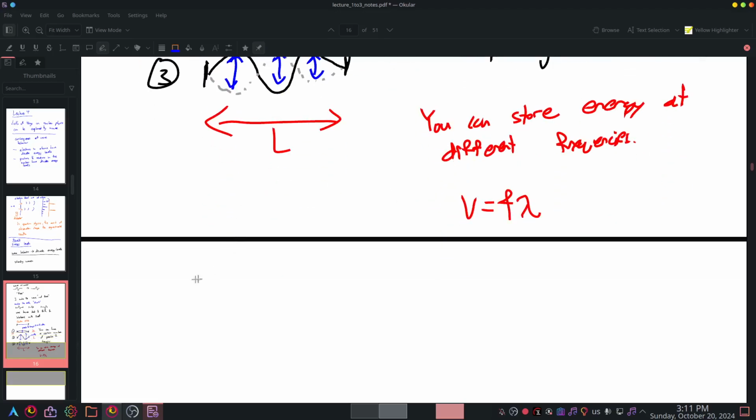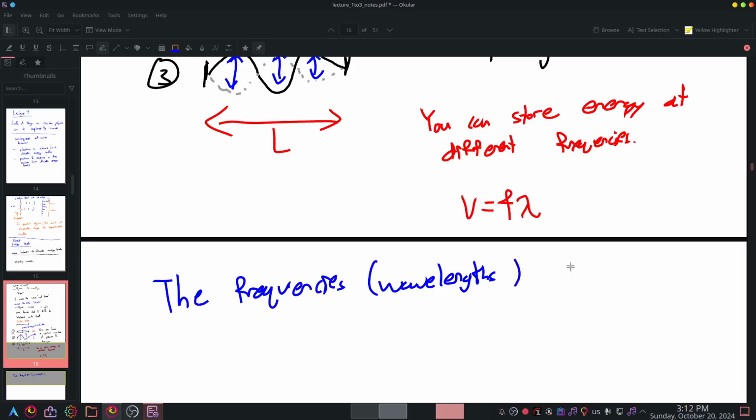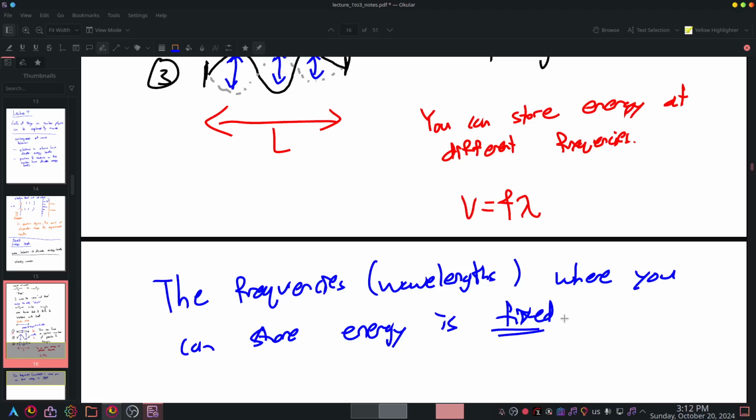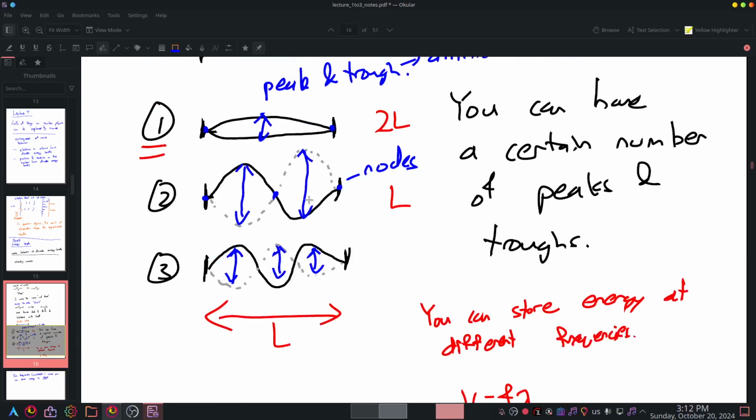So you can store energy at different frequencies, but the wavelengths at which you can store energy are fixed, because of the restrictions you place at the ends here.